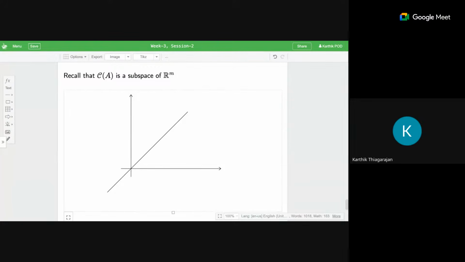Subspaces are lines, planes, things like this, which pass through the origin. So assume this is the column space of A, and Ax will be some vector on it.